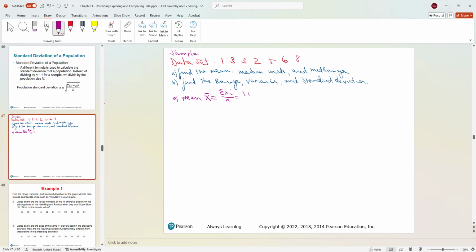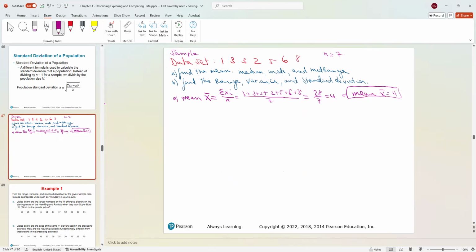Meaning 1 plus 3 plus 3 plus 2 plus 5 plus 6 plus 8 divided by the number of data. How many data do we see here? 1, 2, 3, 4, 5, 6, 7. We know n is 7, so we're gonna divide by 7. Adding all this data together gives 28 over 7. So we know the mean X bar is 4.